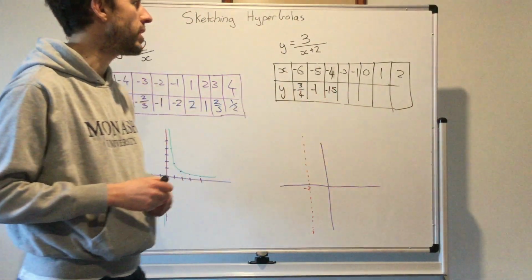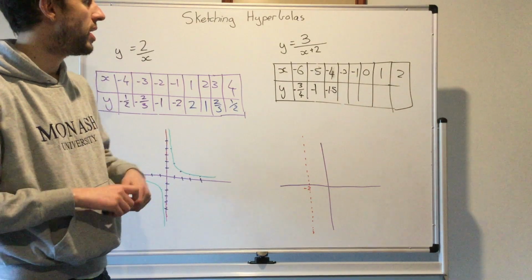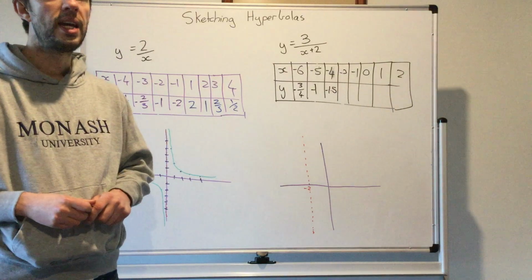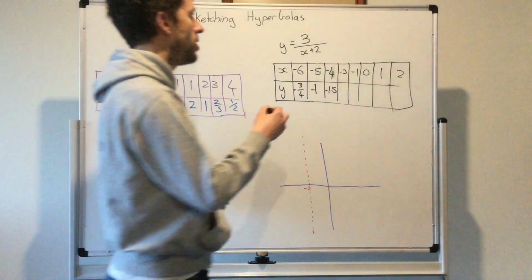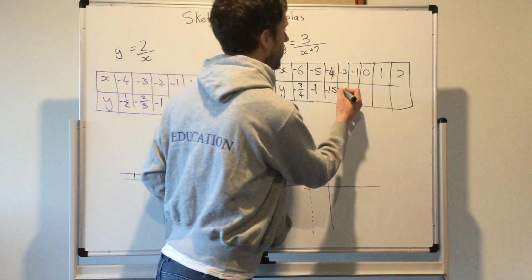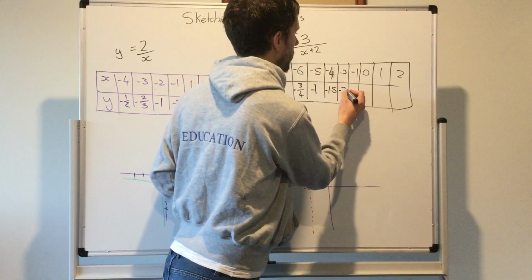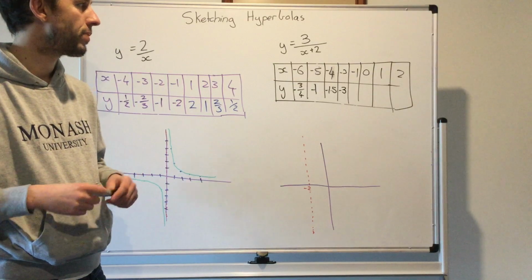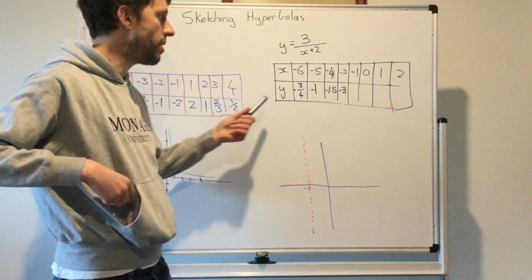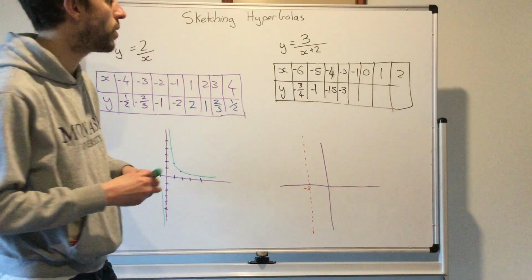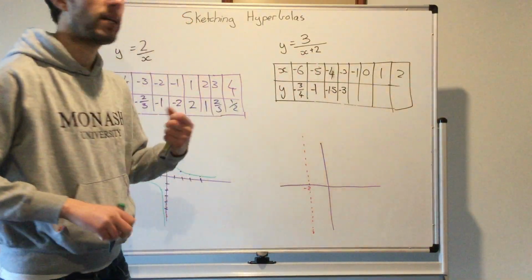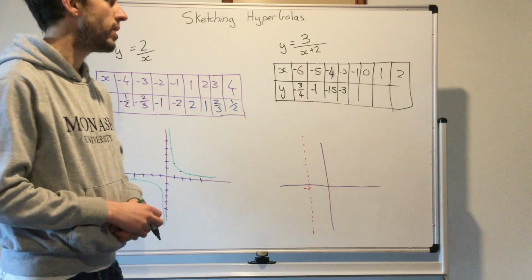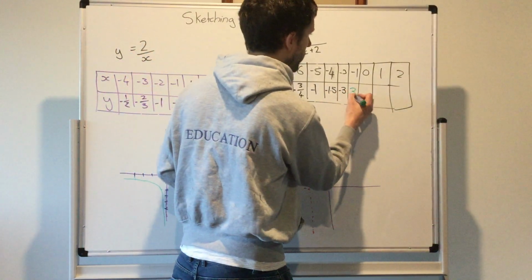Then we've got -3 here. So we've got -3 plus 2, which is -1. So 3 divided by -1 is -3. That shows us what one part of our graph is doing. And for the other part, we've got -1 plus 2, which is 1. 3 divided by 1 is 3.